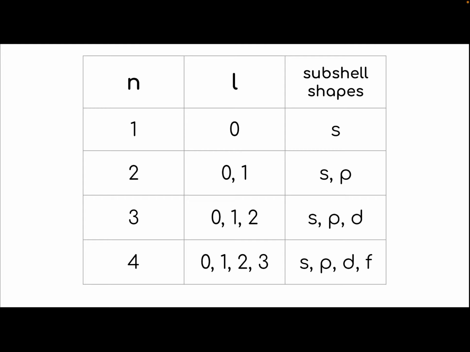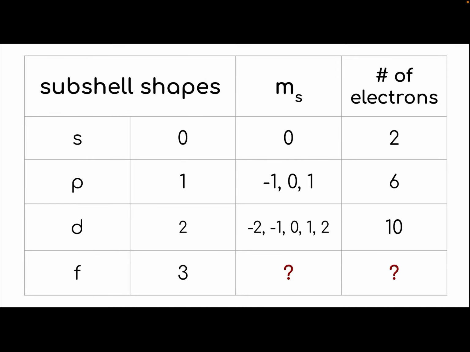So, ibig sabihin, sa second level, merong shape na S at saka P. Kasi 0 and 1. Likewise, sa level 3, we have 0, 1, 2, or SPD. And then sa level 4, we have 0, 1, 2, 3, or SPDF. Na ano ibig sabihin nun? Ang dami naman. Angular numbers pa lang.